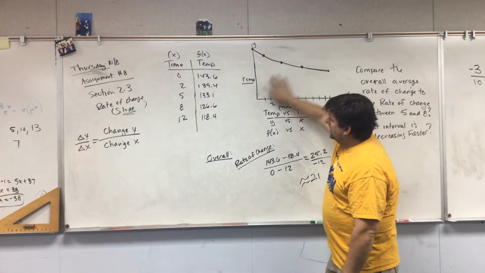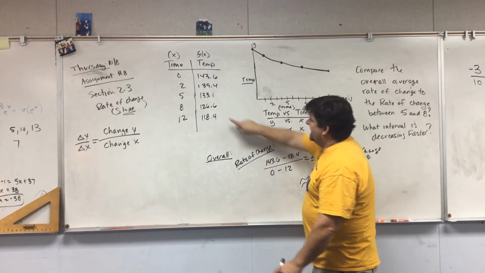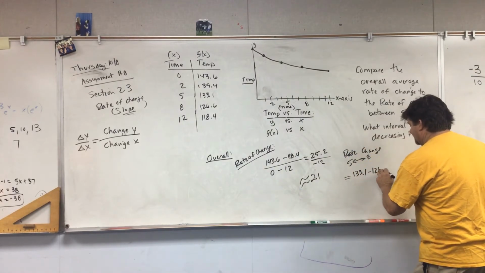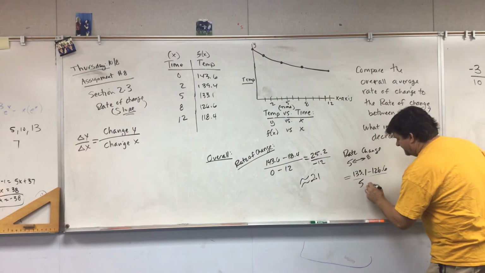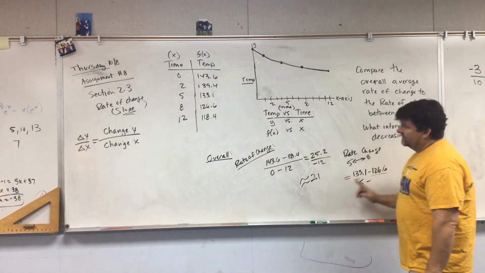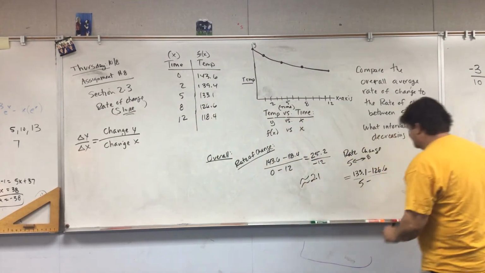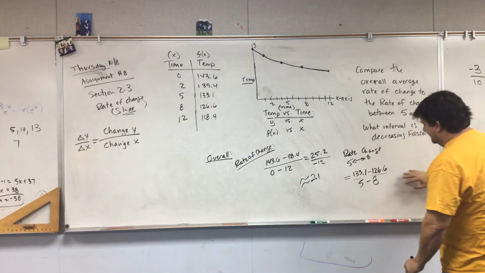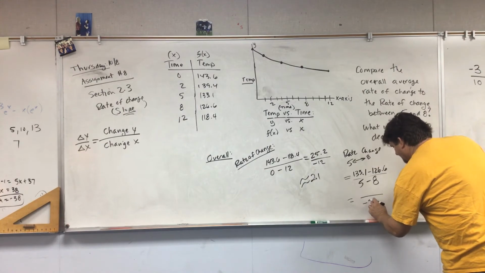And then at 8 it's 126.6. We're going to minus 126.6. My first x value is 5. 5 goes with 133.1. And then 8 goes with 126.6. So again, I'm going to get a negative 3.